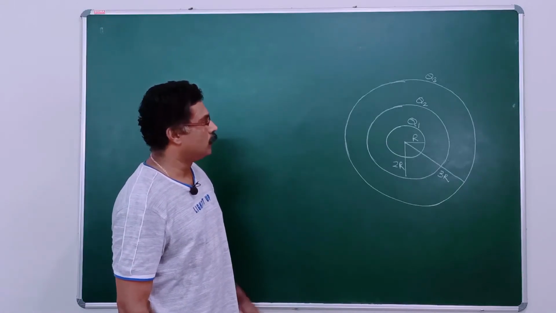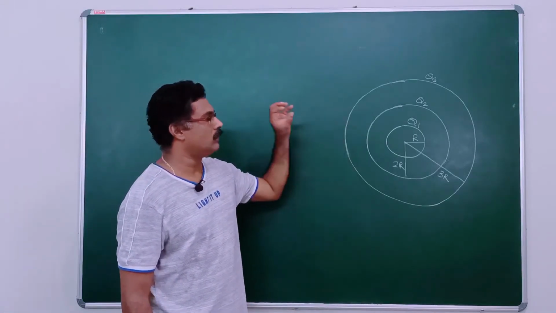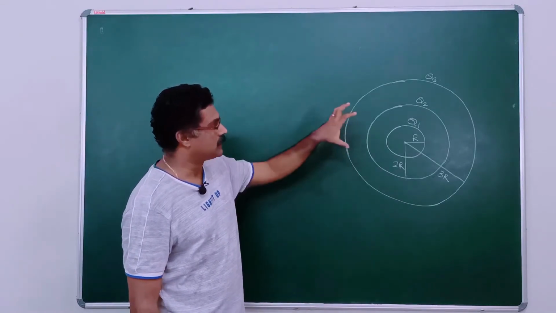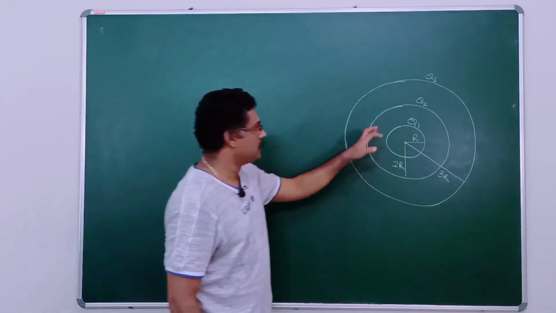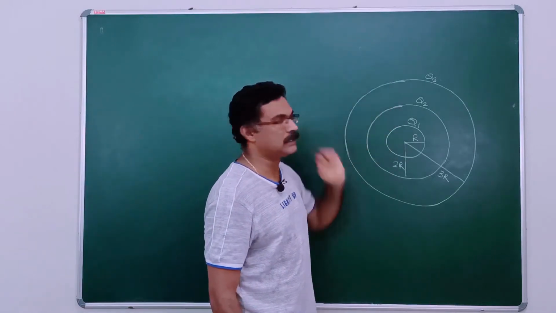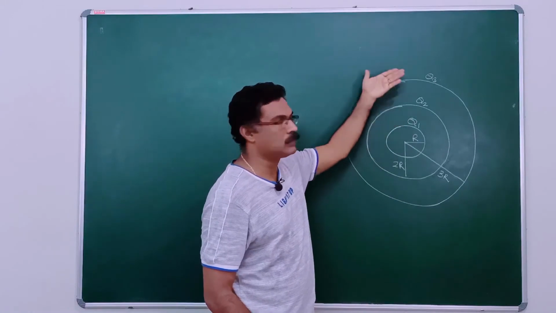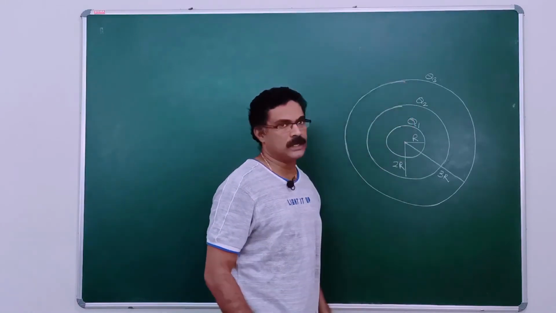Also the surface charge densities on the outer surface of the shells are the same, that is sigma 1, sigma 2 and sigma 3 are the same. Then what is the ratio of the charges given to the shells?